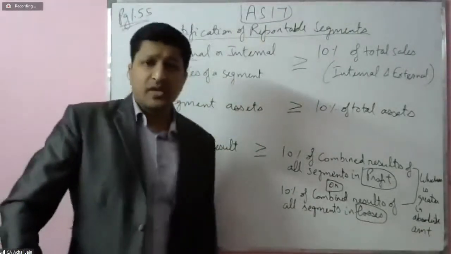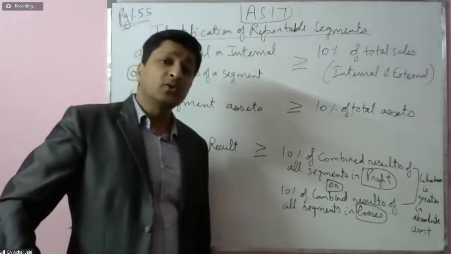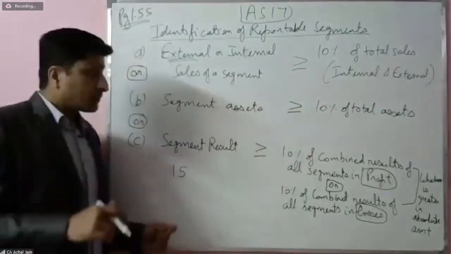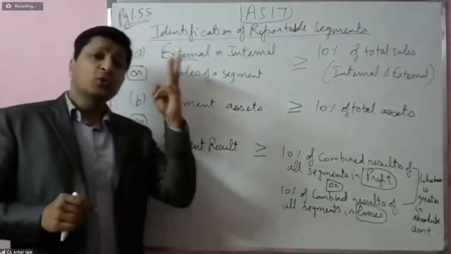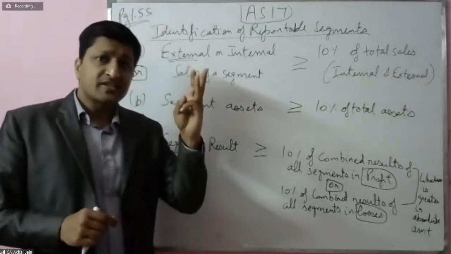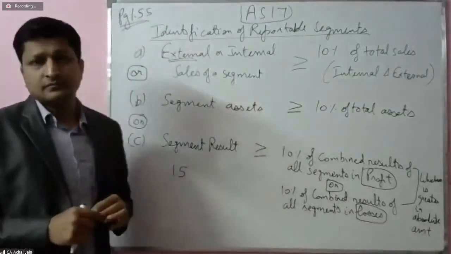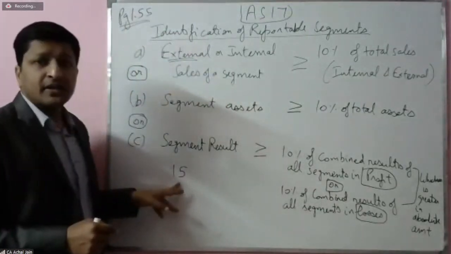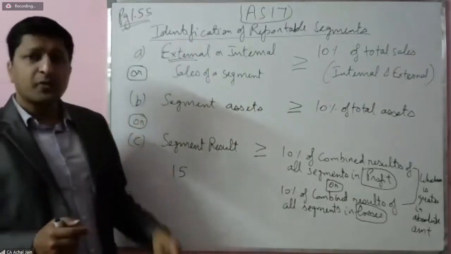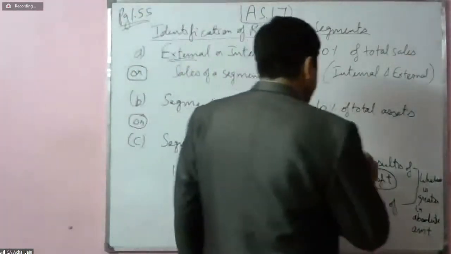The profit of those 3 segments is 45, plus this segment's 15, so the total profit becomes 60.